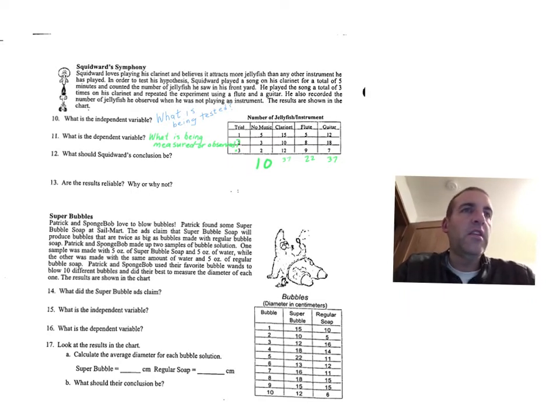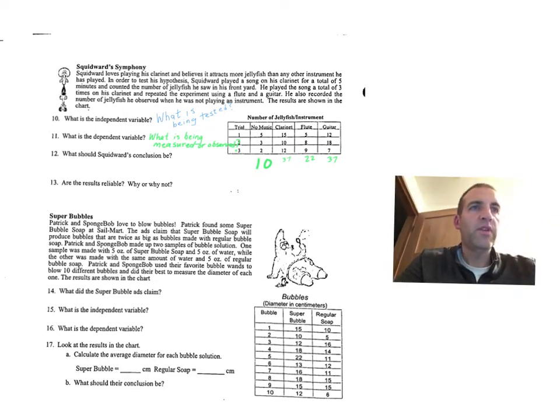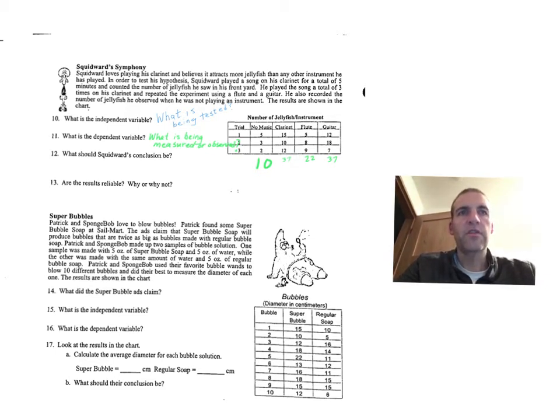Did he play the same song each time? Well, we don't really know that. If he had played the same songs every time, then we would have more accurate information. If he's playing a different song every time, then it may be the song that actually determined whether the jellyfish came and not the instrument. So there are some things on both sides of this, yes and no.